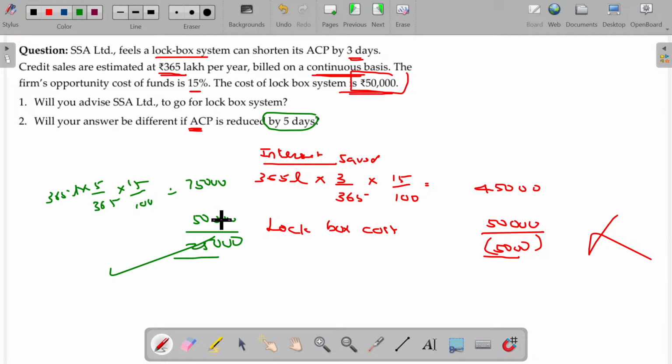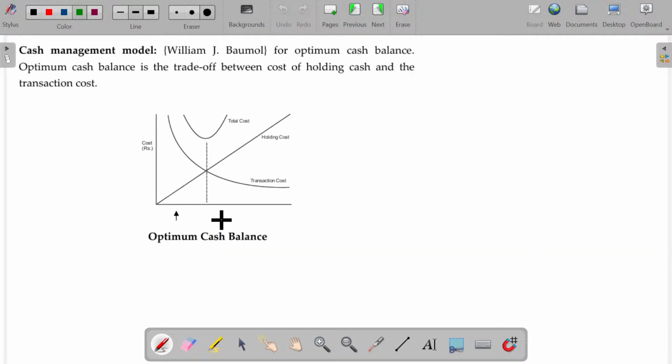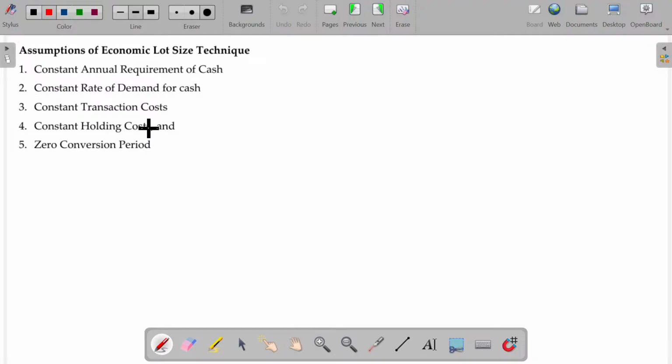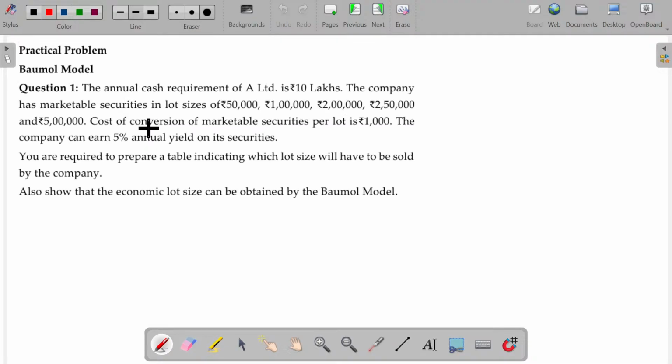Let's start with the cash management model by William J. Baumol, otherwise the Baumol model. Come on, tell me this. The annual cash requirement of A Limited is 10 lakhs. The company has marketable securities in lot sizes of 50,000, 1 lakh, 2 lakhs, 2.5 lakhs, and 5 lakhs each.